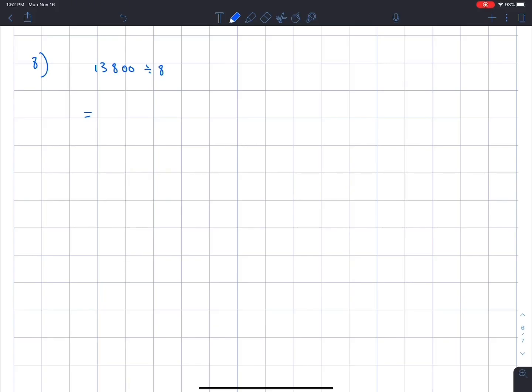So when I divide it, I get 1,725 people per year. Maybe I should add a decrease of, because people are leaving. A decrease of 1,725 people per year.